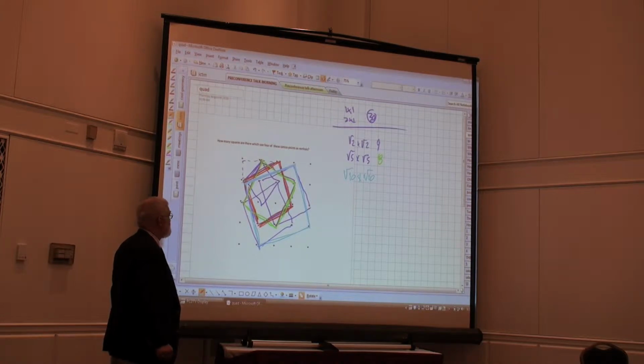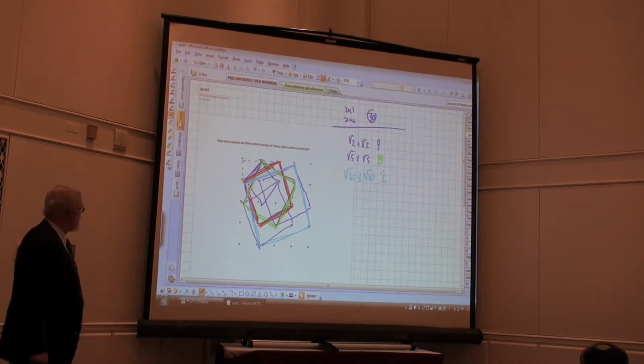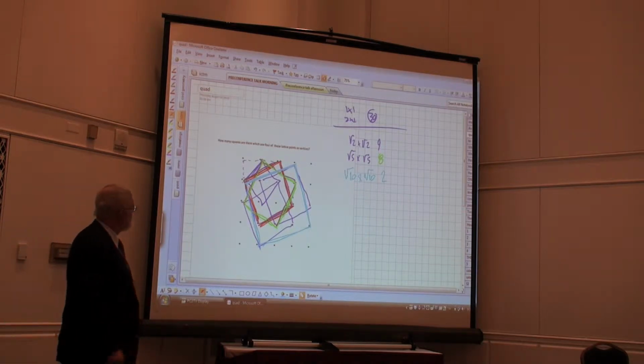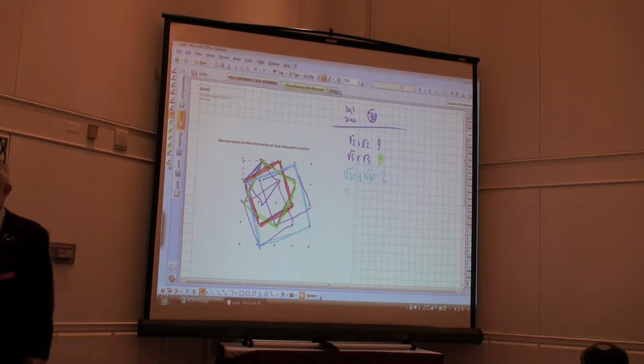I felt there was only 2 there. Not square number. And then I had twice the square root of 2.